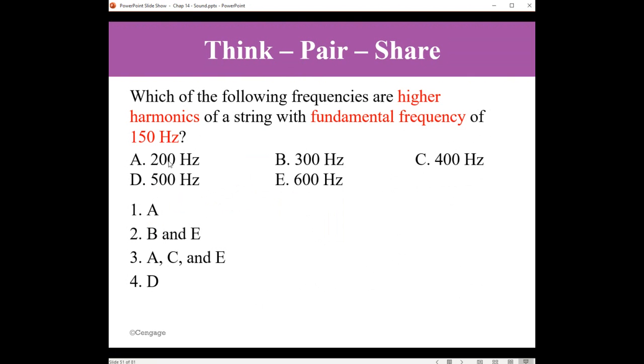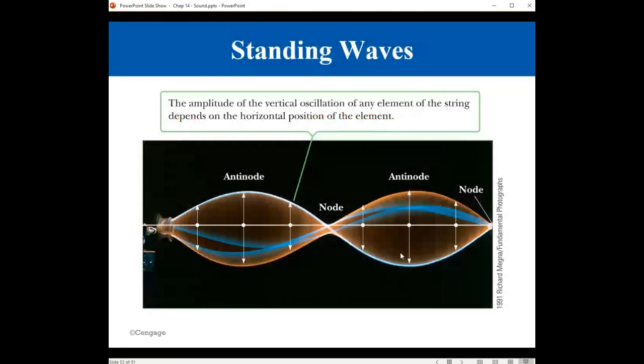So 200 is not an integer multiple of 150. 300, yes, this is twice 150. 400 is not an integer multiple of 150. 500 is not an integer multiple of 150. 600, yes, this is 4 times 150. So the answer here would be 300 and 600. These both correspond to higher harmonics for the 150 Hz source.